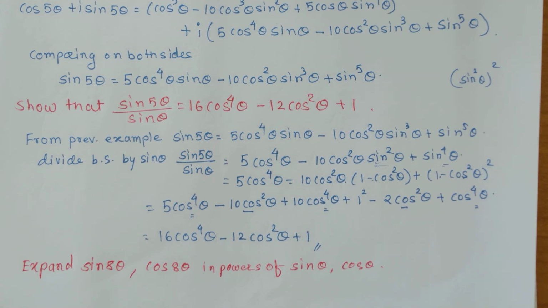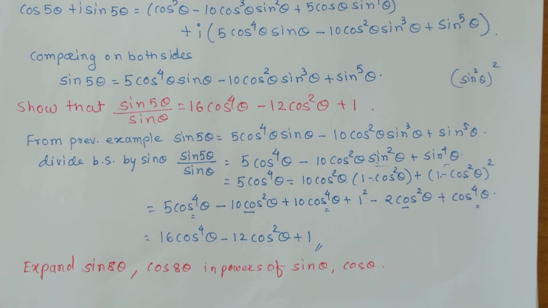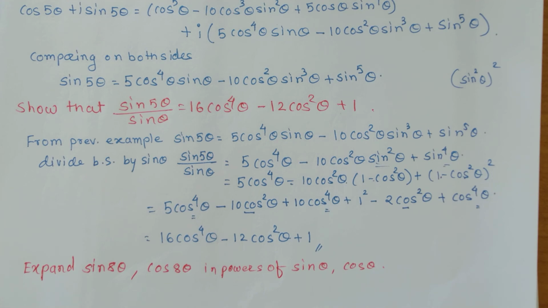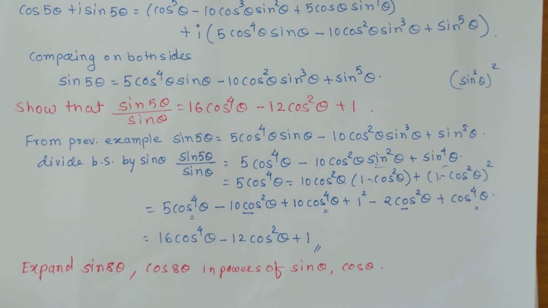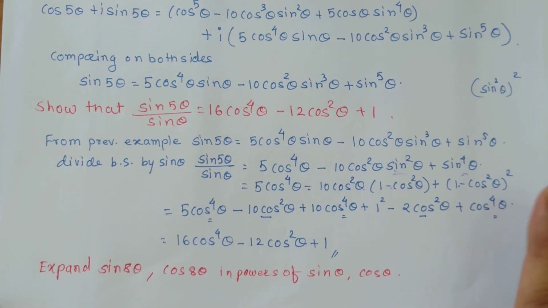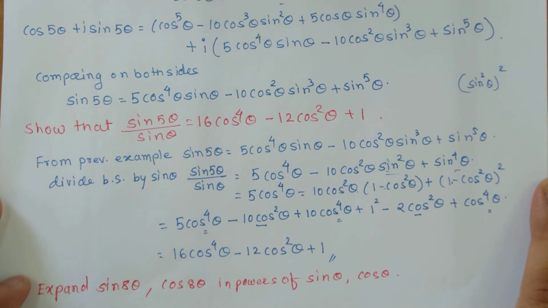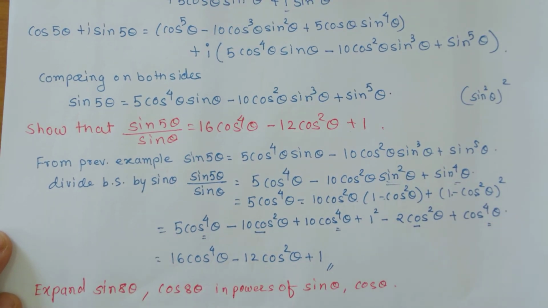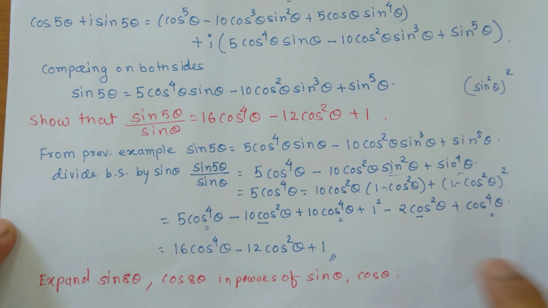It has been observed in many previous university examinations, there is one question on the expansions of sine and cosine functions. That is either expansion of sine and cosine in terms of theta, or the next topic which we are going to discuss, expansion of cos raised to n theta and sine raised to n theta in terms of multiples of theta. From both of these topics, in university examinations we find one problem of 6 marks. So I suggest you try to do more practice on this and prepare yourself.